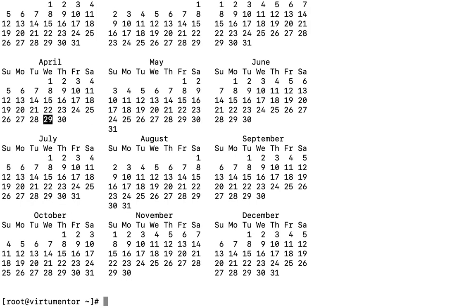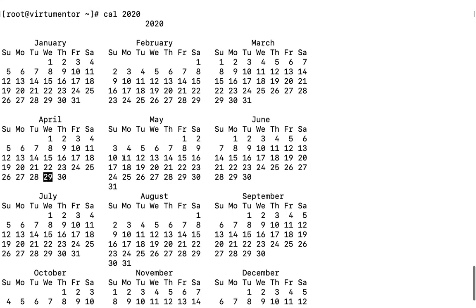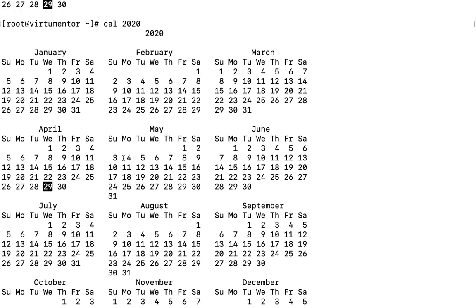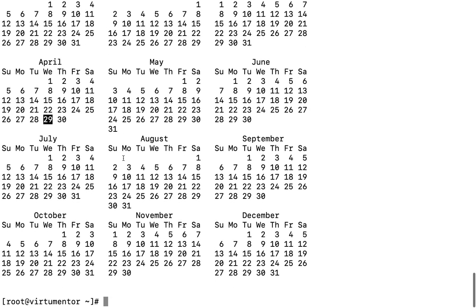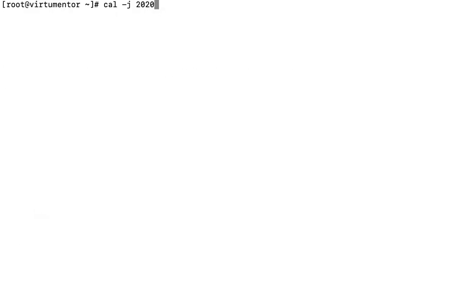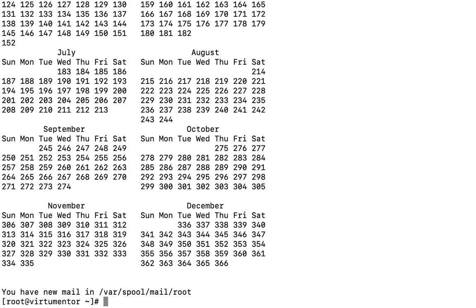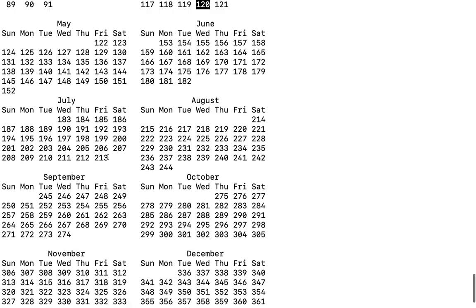This will print the calendar of the year 2020. We can also print in Julian format, like cal -j 2020. This will print the calendar in Julian format.